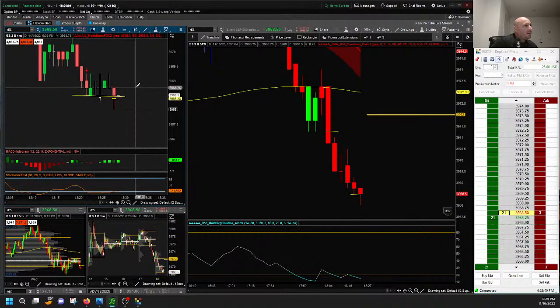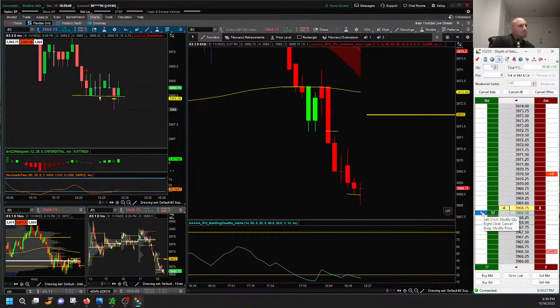So essentially 69 would be our entry, or if we do 69, wait for a quick pullback to about 68.50. I'm going to try and get filled at 68.50.